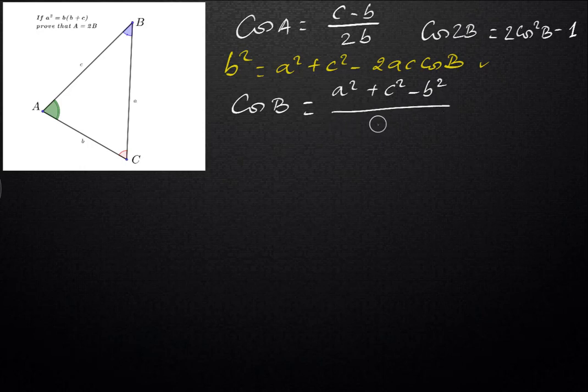Now we have to make a substitution, right? Replace a squared by its value. Remember we found in the prompt that a squared had to be b times b plus c, or b squared plus bc.